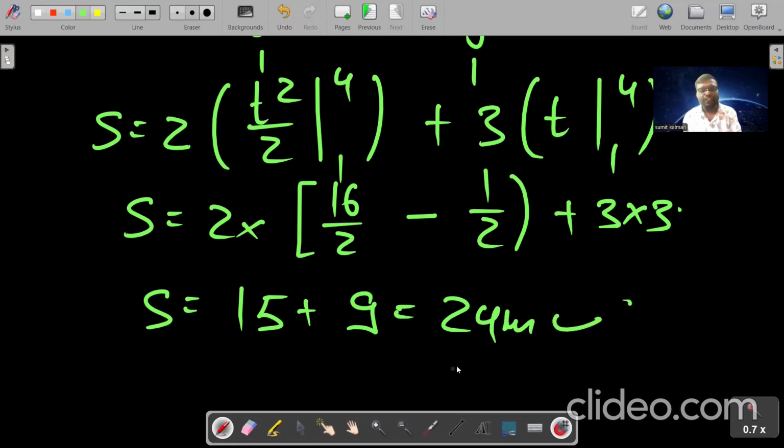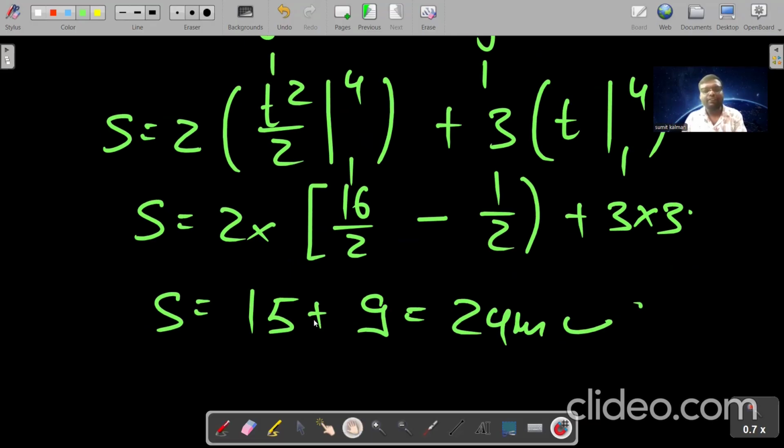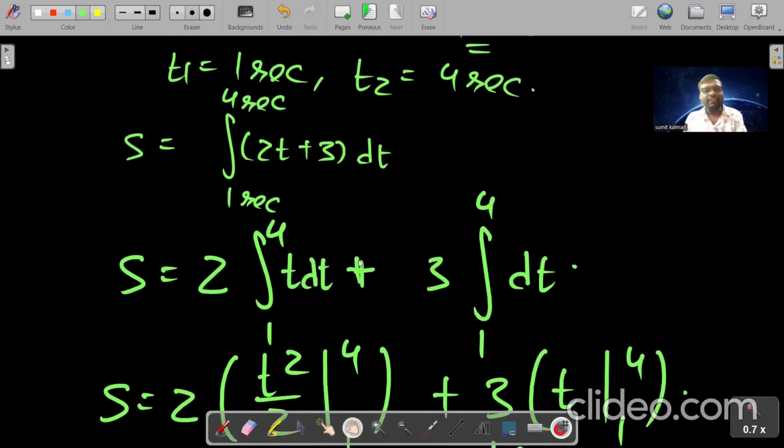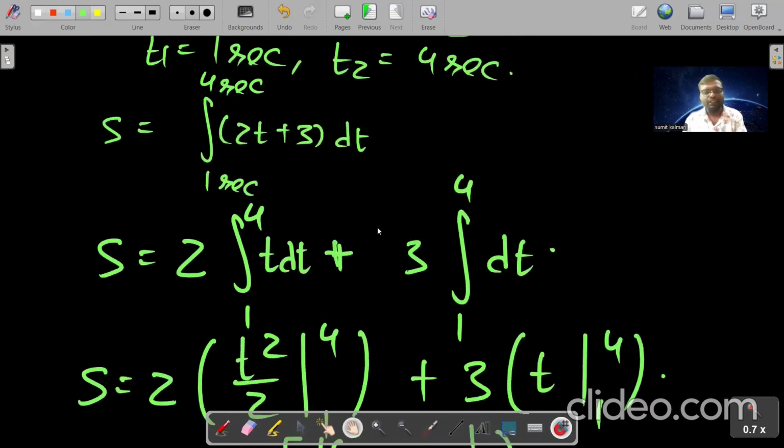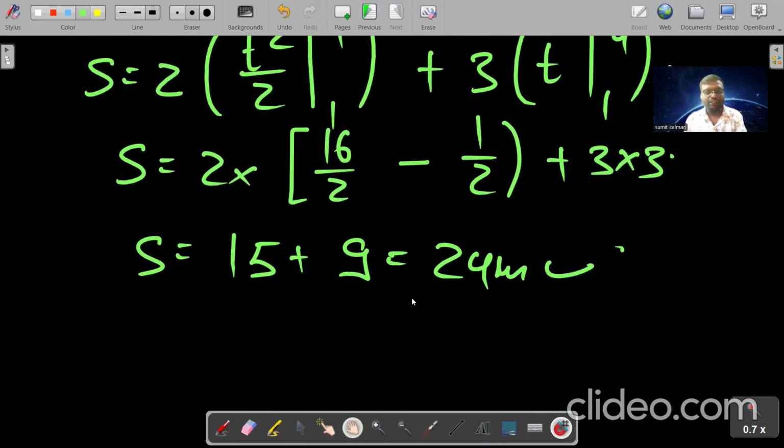So, students, we have easily calculated displacement by integrating velocity with respect to time. Integration is saving your time, and it is also making your life easier.